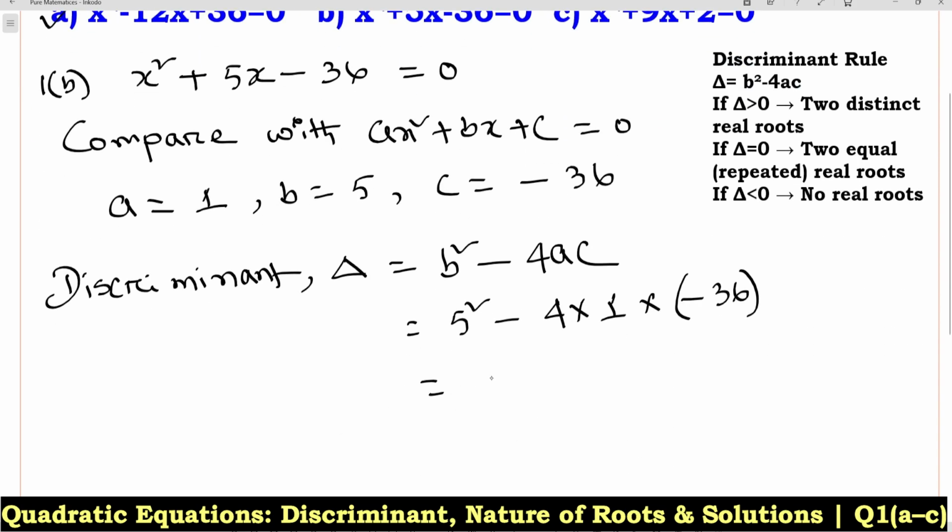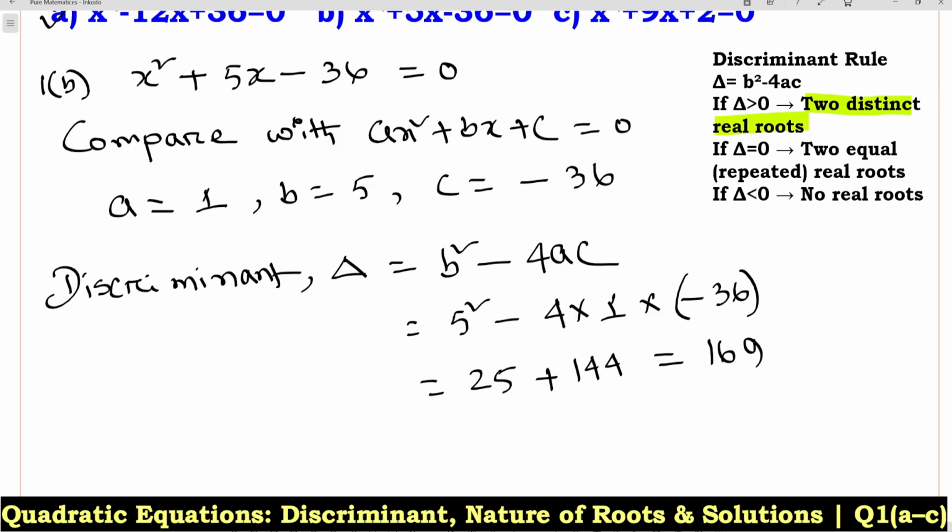So 5 square is 25, and minus becomes plus, 36 times 4 is 144, and finally we get 169. What does it mean? It's greater than 0. It means we will get two distinct real roots. So we will get two different values.